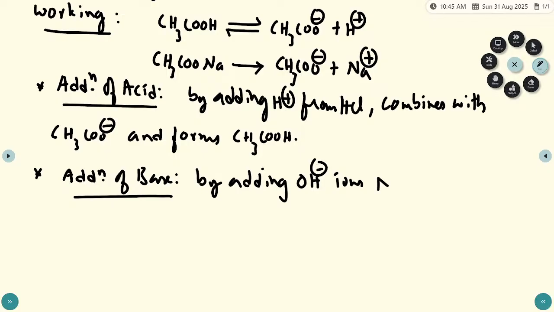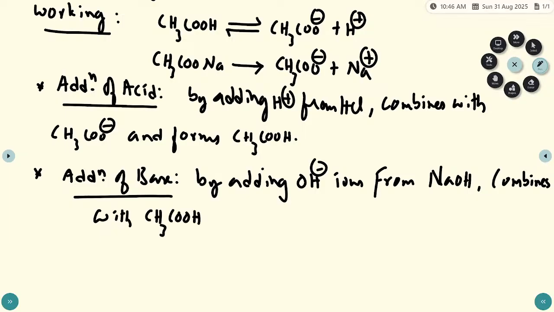So the OH minus ions from NaOH combine with CH3COOH and form CH3COO minus and water.